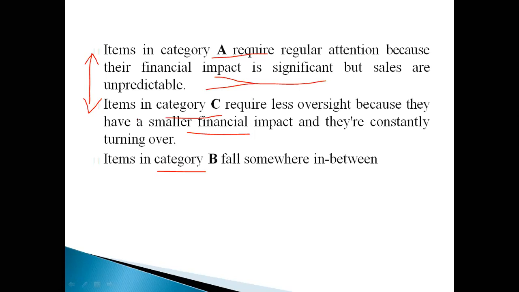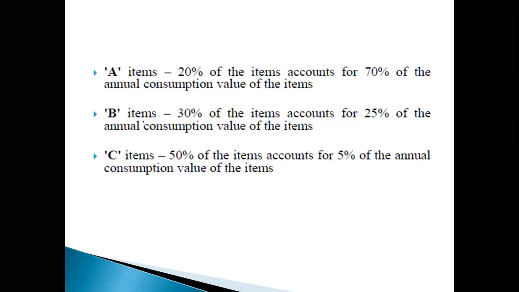Category A has a highly significant impact on the financial process, but sales are unpredictable. Category C does not affect the finances of the drugstore much. Generally in drugstores, 20% of items in category A account for 70% of the annual consumption value, or impact 70% of the financial conditions.